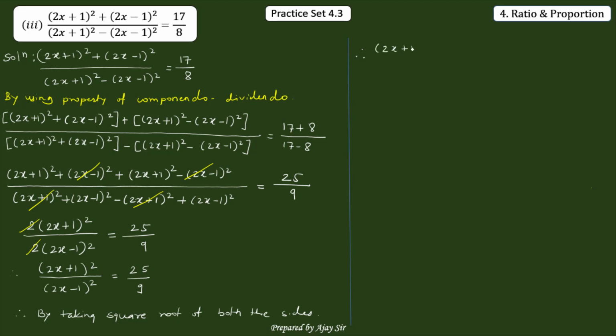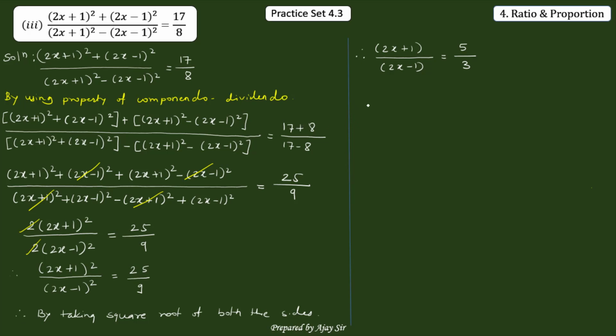So 2x plus 1 is only remaining on this side, and here 2x minus 1 is only remaining. The square root of 25 is 5 and the square root of 9 is 3.